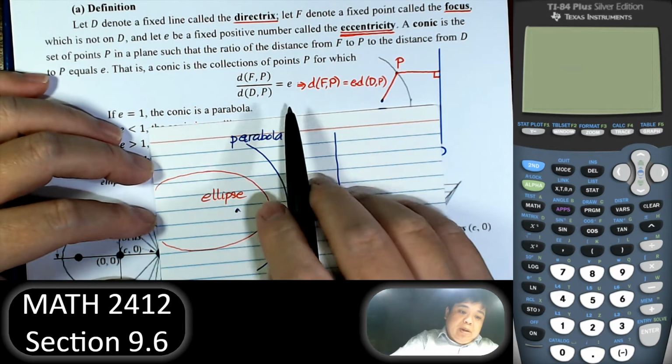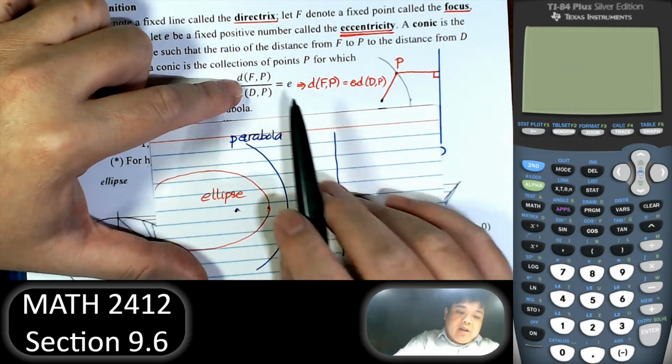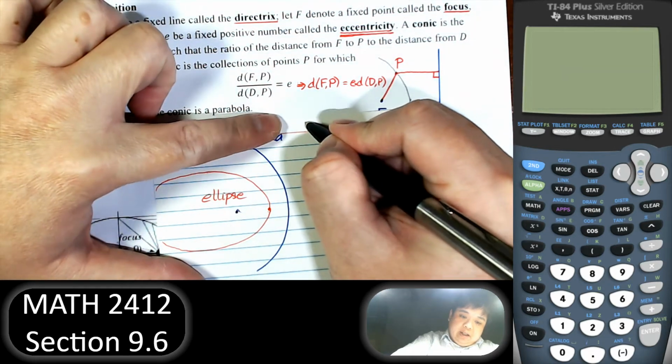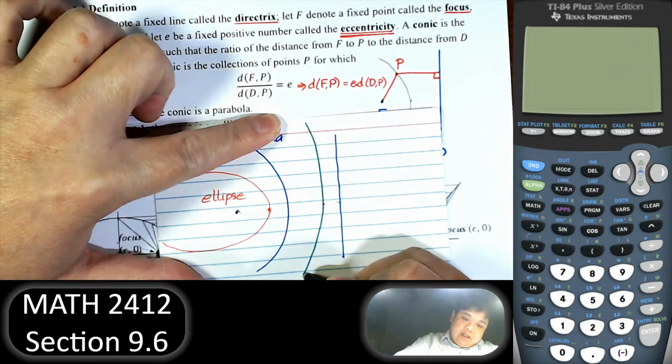If e is bigger than 1, the point is further away from the focus than the directrix, so we're going to have a curve like this.